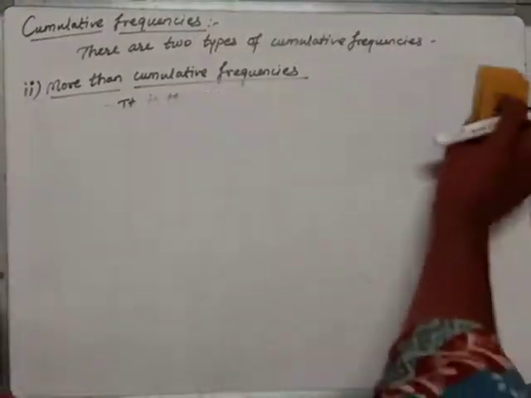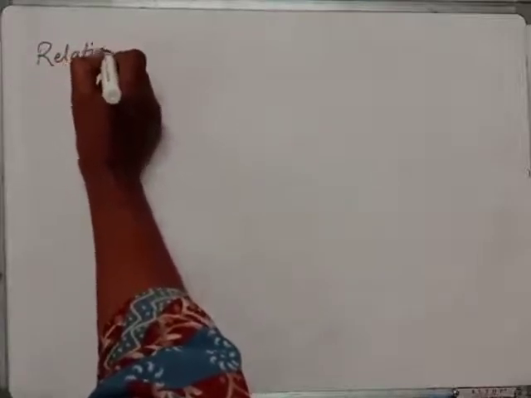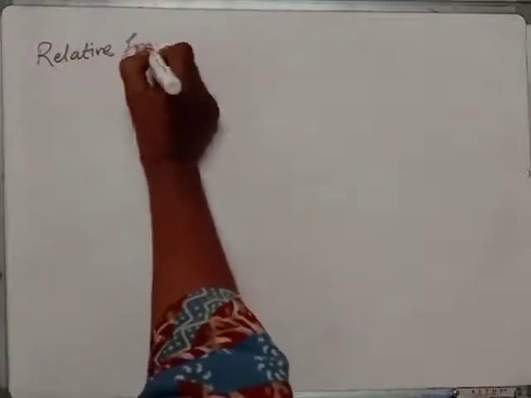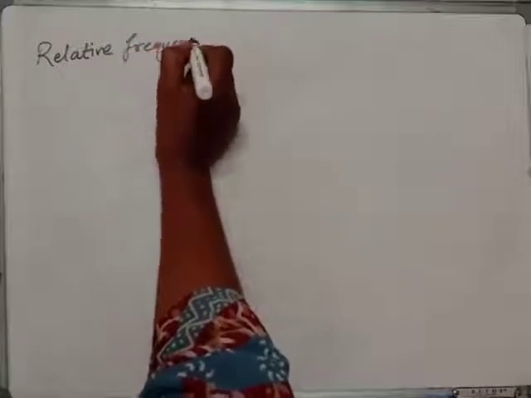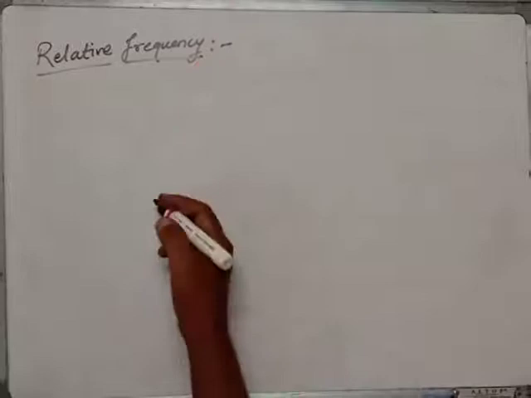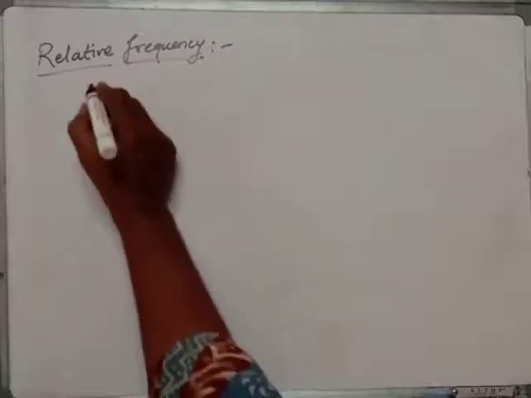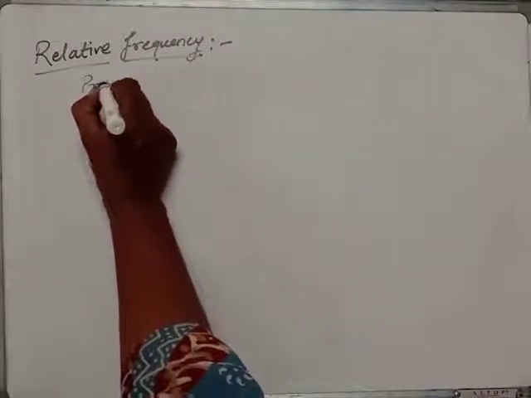Now the next definition is of relative frequency. What is meant by relative frequency? Sometimes the proportion of the number of observations in a class is required, and that proportion is itself known as the relative frequency.